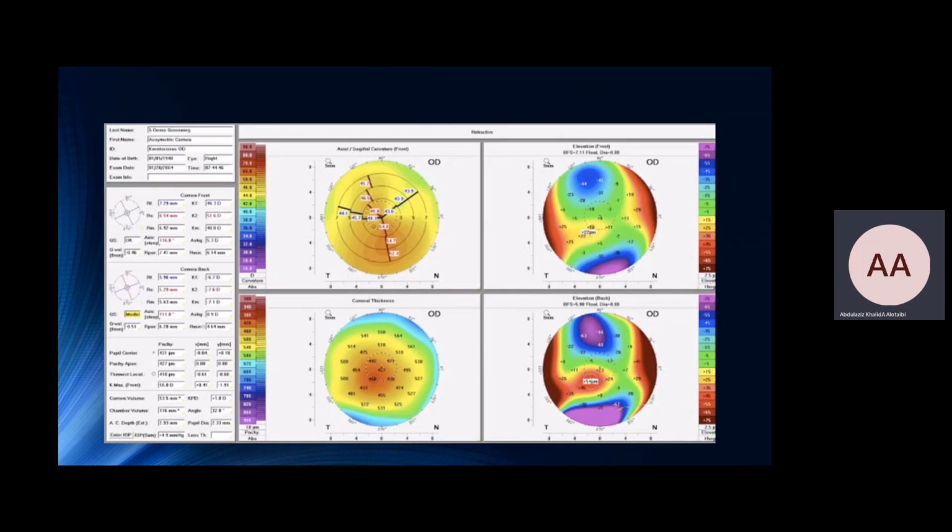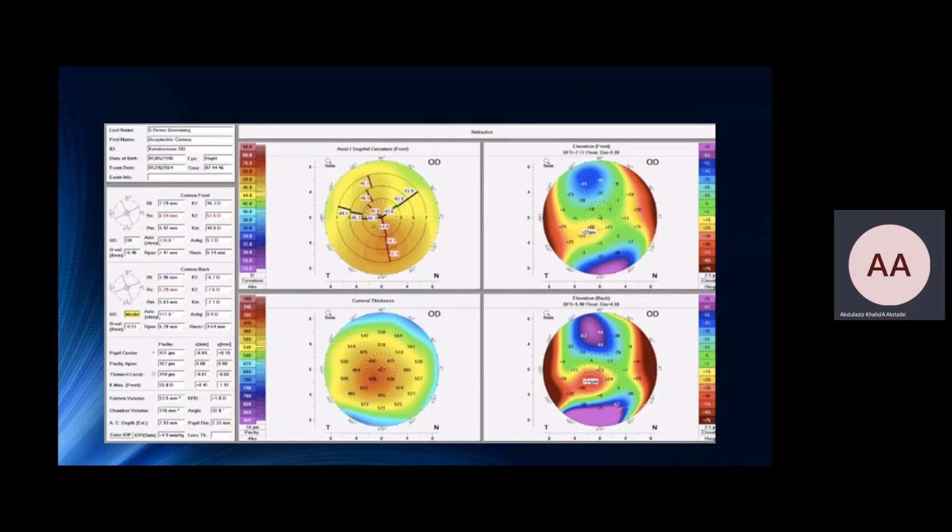Okay, move to the elevation map. It looks like the corneal sagittal curvature is asymmetrical, with inferior steepening compared to the superior. Can you read the central values?